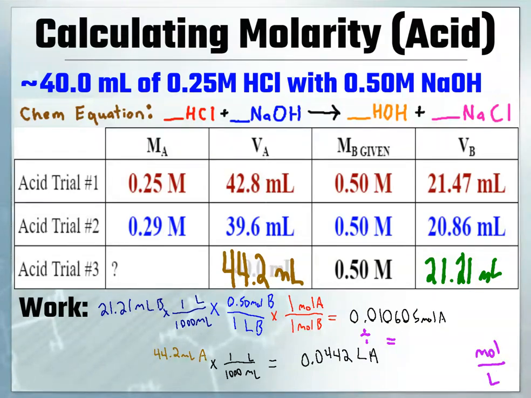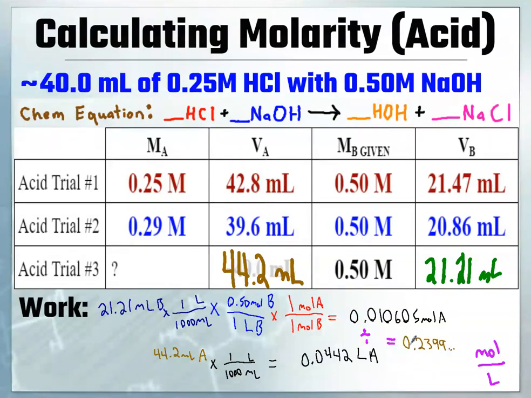I take that number I just calculated and divide it by 0.0442, and I get a raw answer, one that is not yet modified, of 0.2399. There's more, but I don't care, because I need to turn this into 2 significant digits. I have 2 sig digs, 4 sig digs, 3 sig digs, so I go with the lowest one.